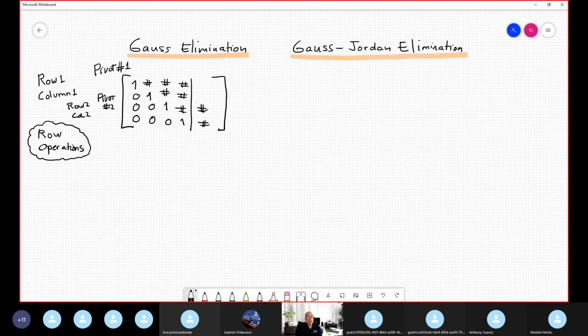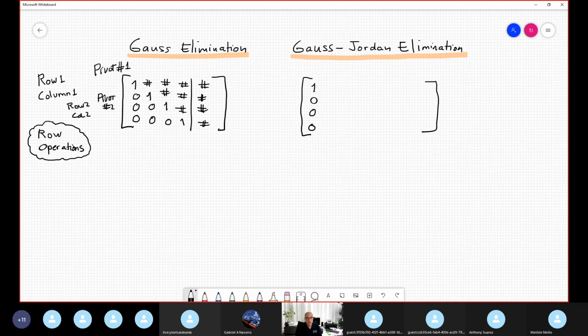You can see it more clearly in another, numerical example. This is Gauss elimination. Gauss-Jordan is a little bit more sophisticated. It's the same idea, but you find the pivot again and you create 0, 0, and 0.